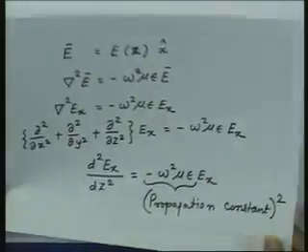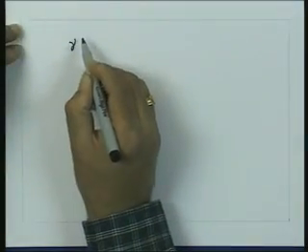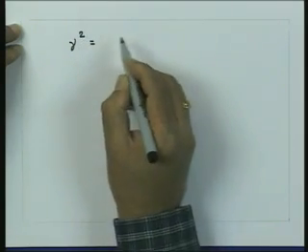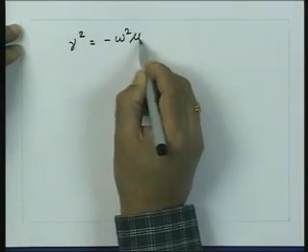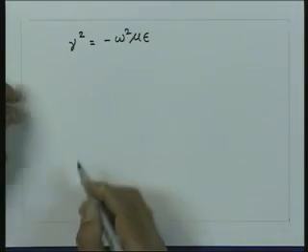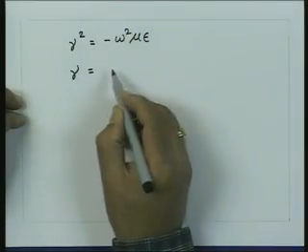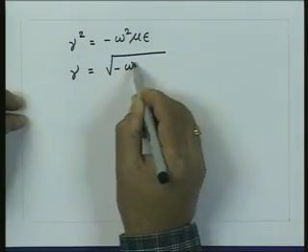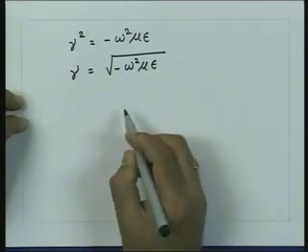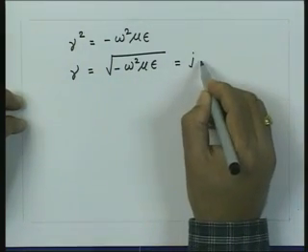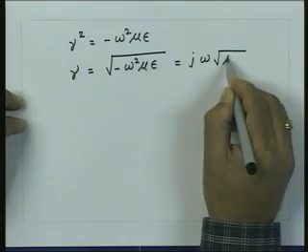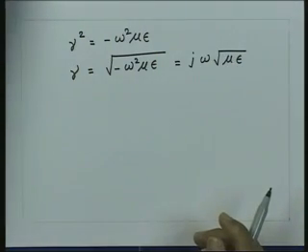Following the notation and convention which we had for transmission line, we say gamma. So, we define gamma square equal to minus omega square mu epsilon, or gamma equal to square root of minus omega square mu epsilon, that is equal to j omega square root of mu epsilon.